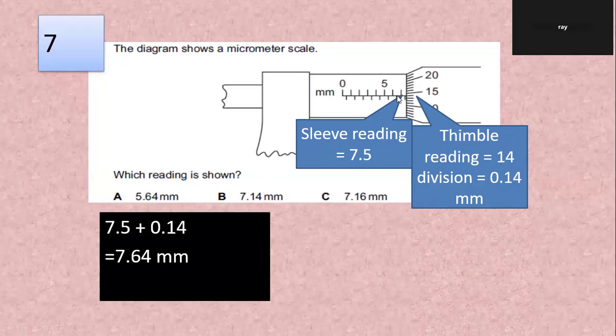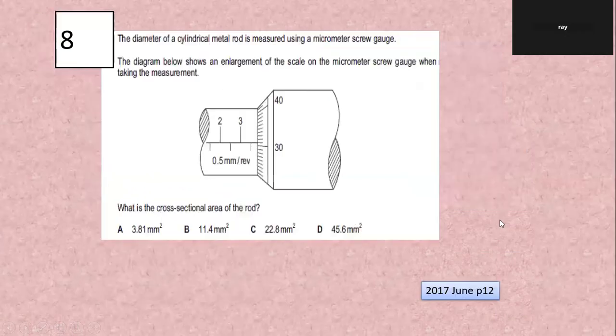Here is 7.5, then it just passed 5, so 7.5, and this one is 14. It should be read at 0.14 millimeter. Okay, the rest you can try yourself.